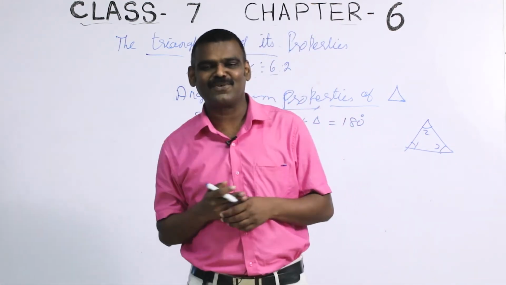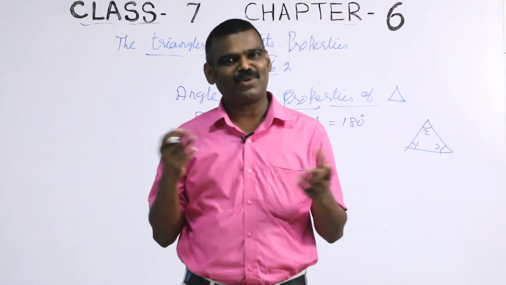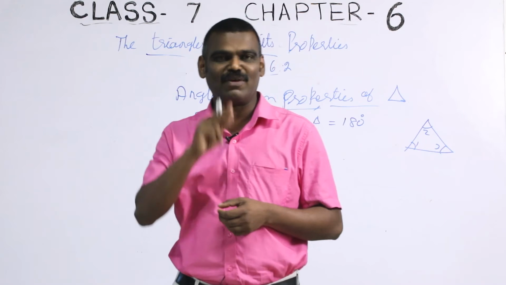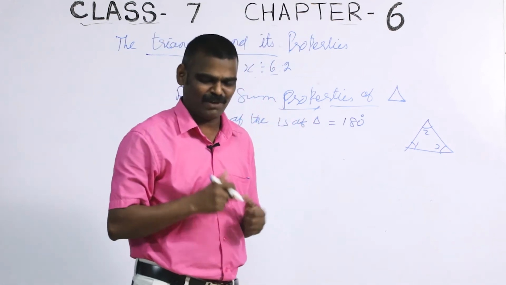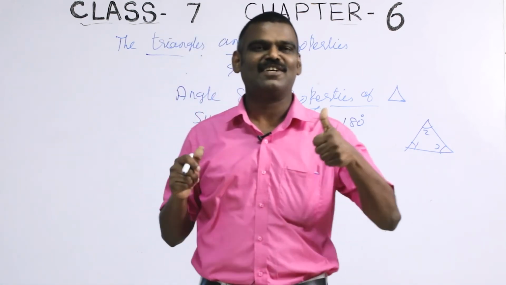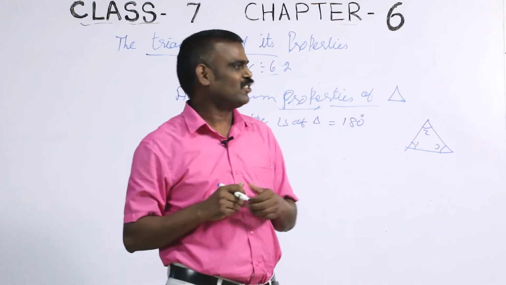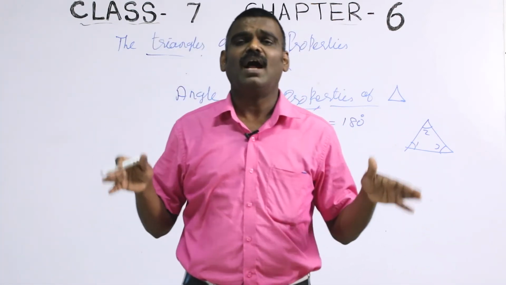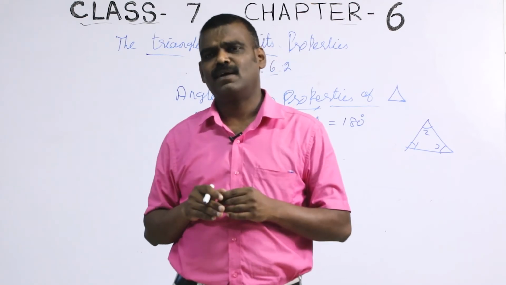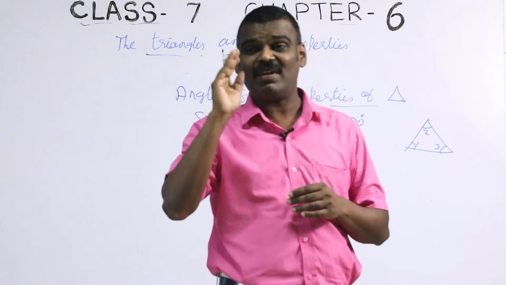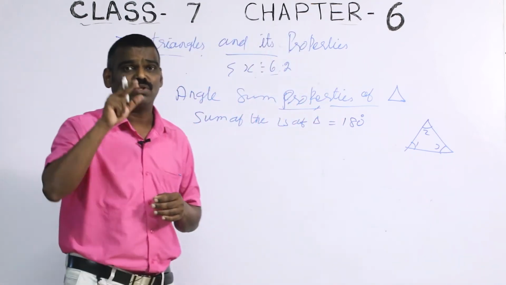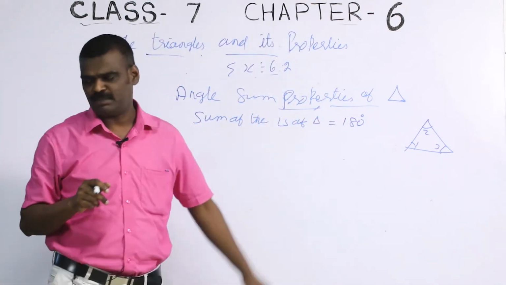That's what we learned, like 1 plus 1 is equal to 2. You never question, right? We never question the teacher, because you are fully confident about your teacher. Yes, my teacher never tells a lie. So, sum of the angles of the triangle is equal to 180 degree. That's what you learned so far and you follow. You never asked the question why or how. So, the why and how we are going to prove now.